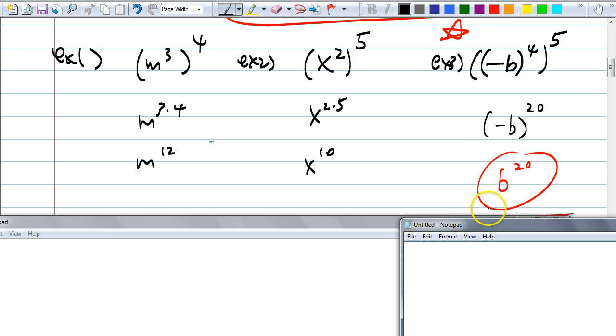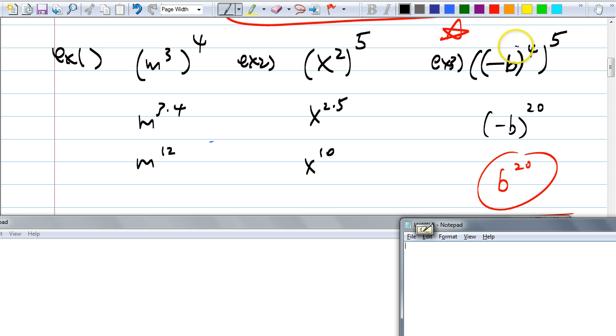It becomes positive. So you see how negative b in parentheses to the 20th power becomes positive? Whenever you simplify, you want to get rid of the parentheses as much as you can. And of course, we could get rid of this, can we? Yes. So we get positive b to the 20th. Are we okay there? Easy enough? Yes.